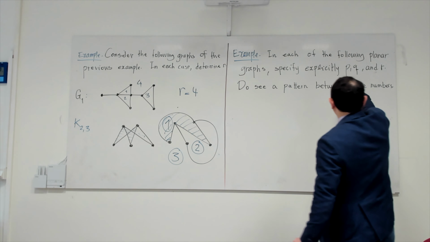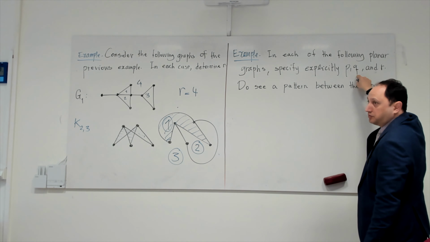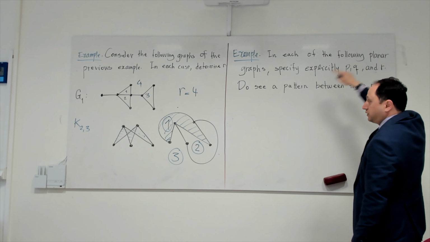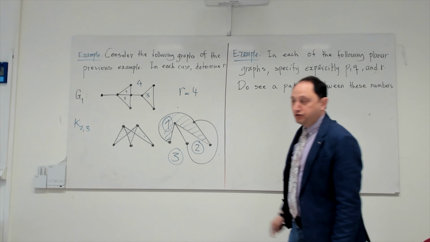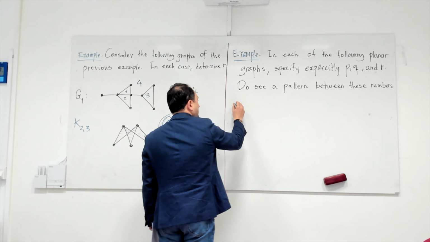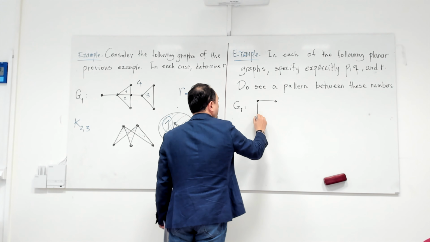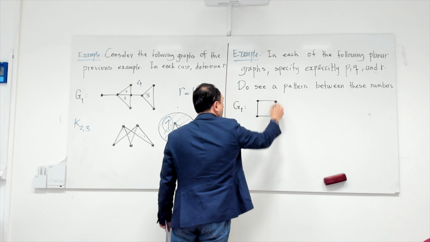Okay, so do you remember, P is the order, the number of vertices, Q is the size, the number of edges, and R is what we learned today, the number of regions in planar graphs. Okay, I want you to do this as an exercise. Try to see if you can tell me the pattern. Okay, so just after finishing this, I will give you some time to explore it yourself.